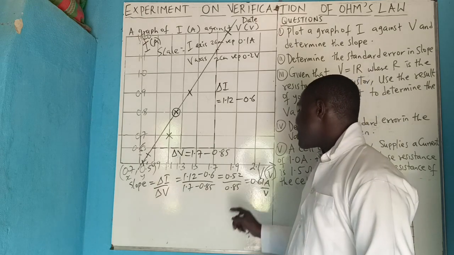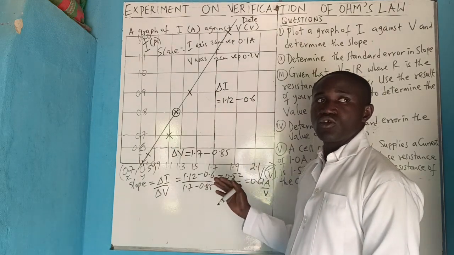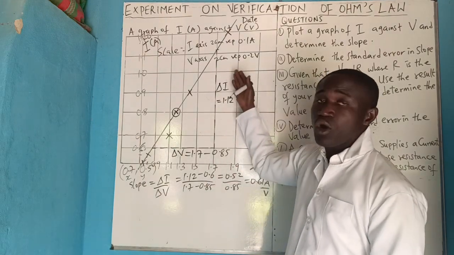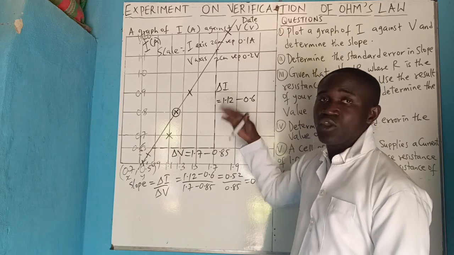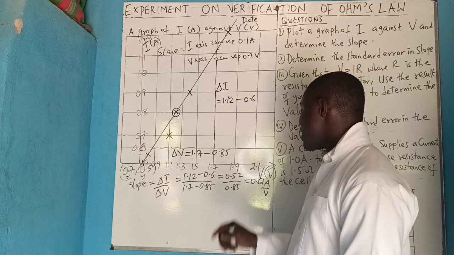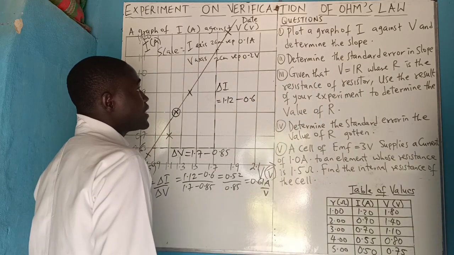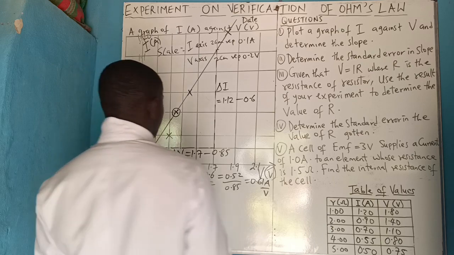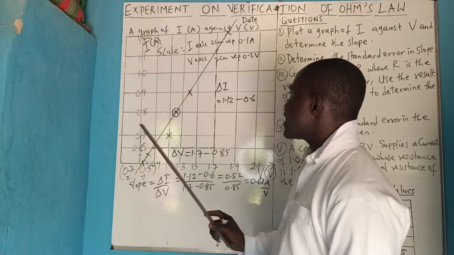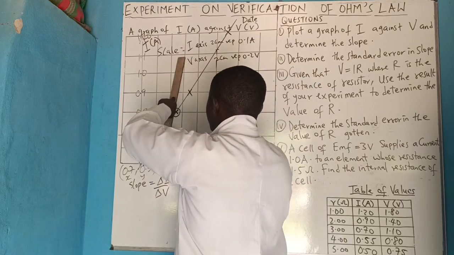Okay, so that is what we got from this sketch of graph. You have to use the standard graph to do your own and see what you could get from it. Okay, I've gotten our slope. They say find the standard error in the slope. To get the standard error in the slope, we take that point that falls out with the centroid.